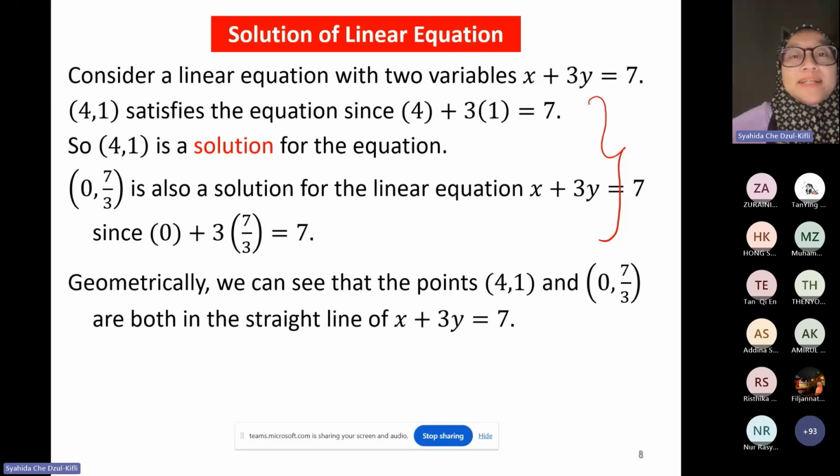In this explanation, we showed that these 2 points are solutions for the linear equation algebraically.